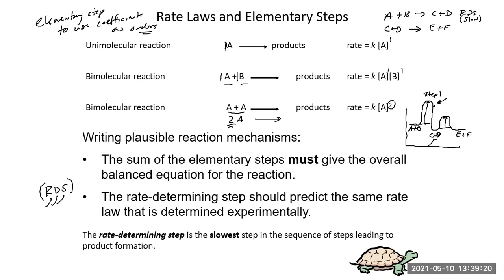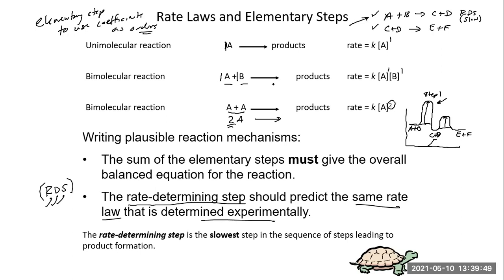Remember that in a good mechanism, the rate determining step will have the same rate law as the one found experimentally. So if they give you the rate law, it should match one of the individual steps. Like if you wrote the rate law for this step or this step, it should match one of them exactly.